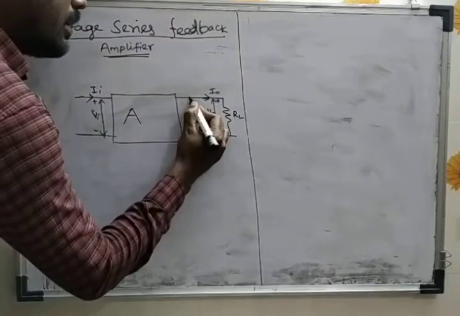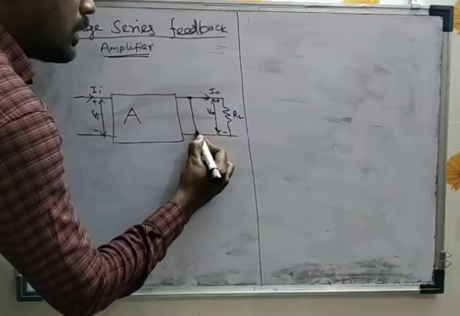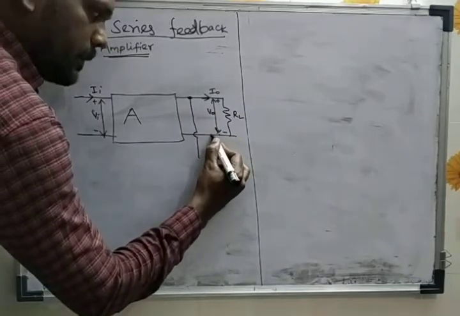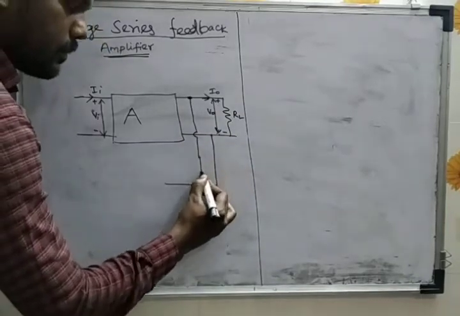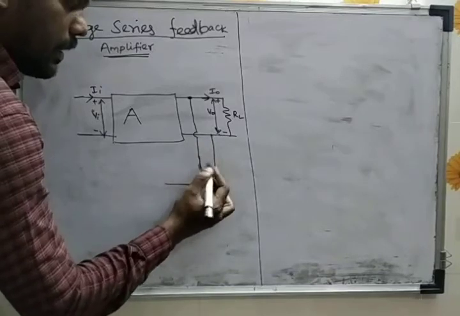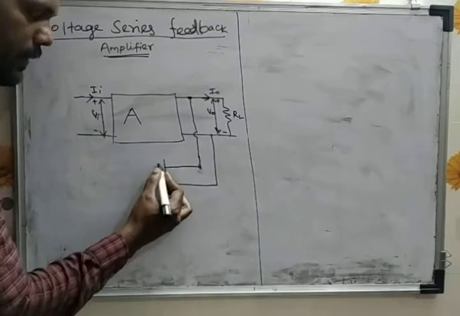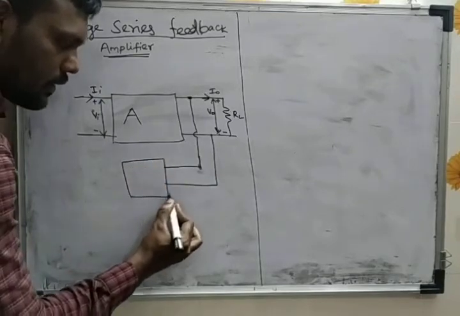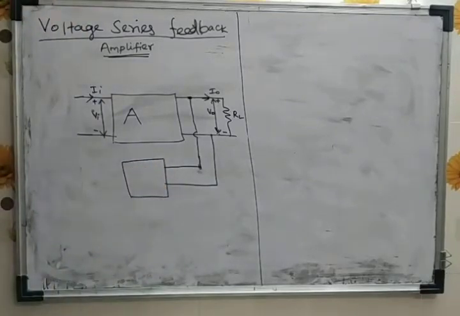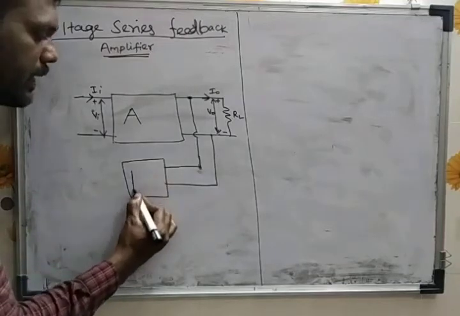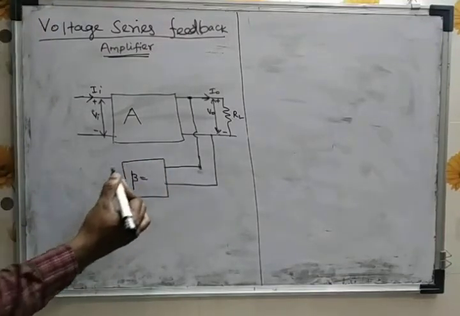So you have to take the voltage output and feed it back to the input through the feedback circuit with feedback factor or feedback gain beta.